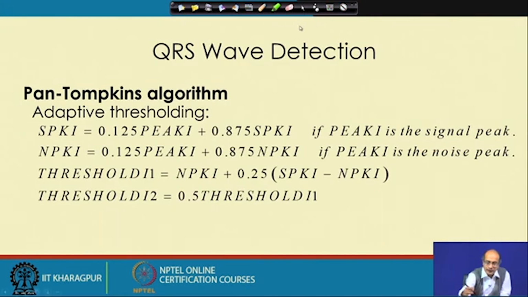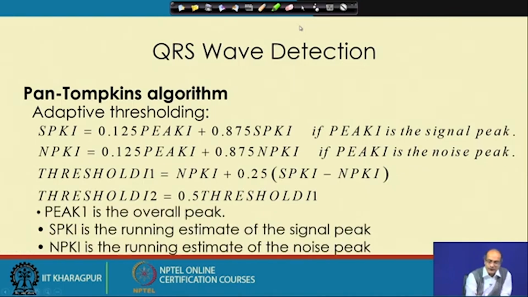Here the inputs are the peaks. Peak means that whenever we take a threshold, anything above that threshold is a peak. Using that, we update SPK1, the running estimate of the signal peak, and NPK1, the running estimate of the noise peak.